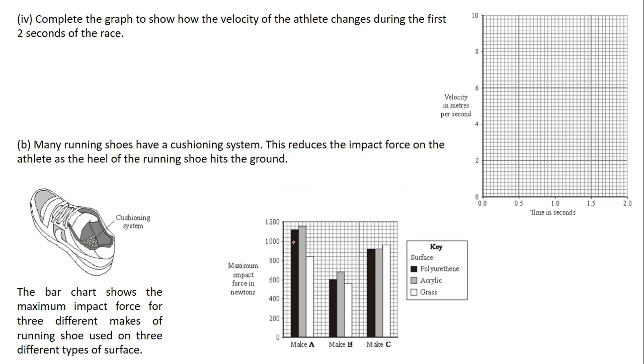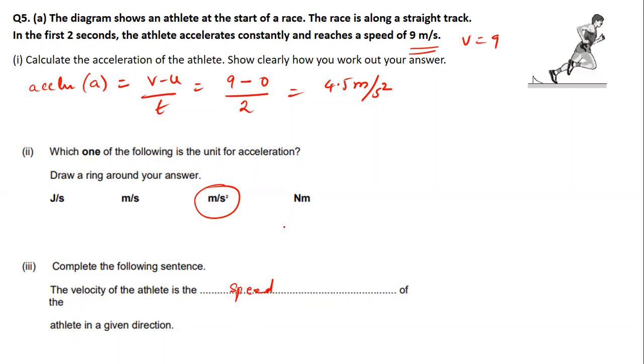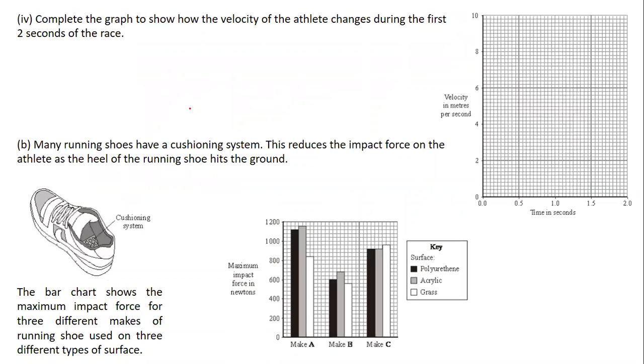So how does it go in the first 2 seconds of the race? Let me go back to the data. What kind of graph is this? Velocity against time. It will be a straight line graph.